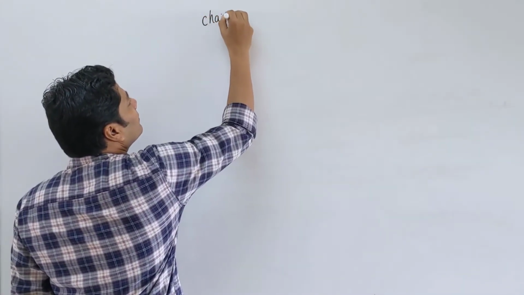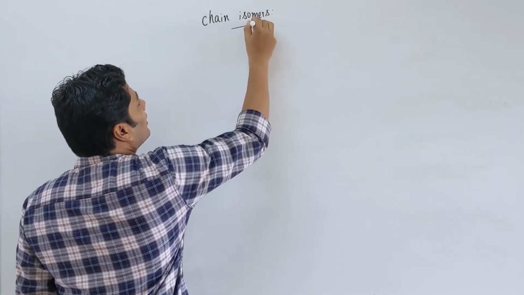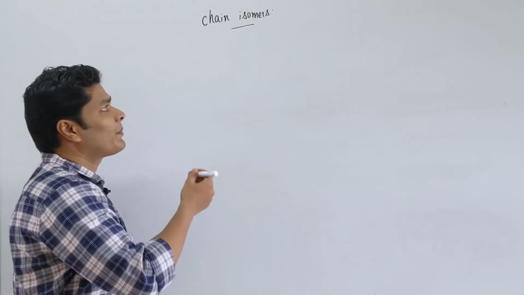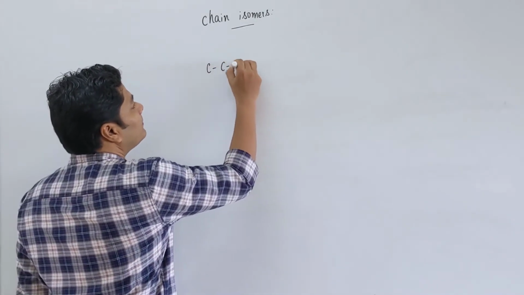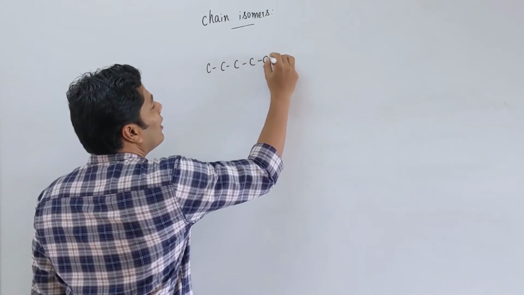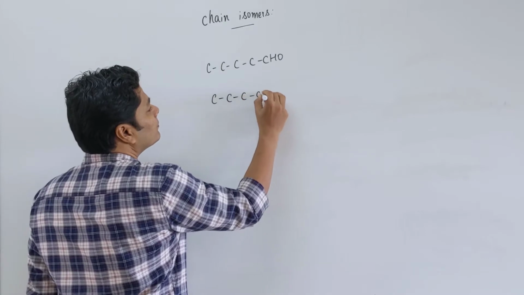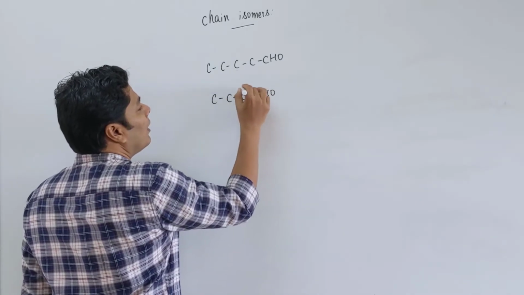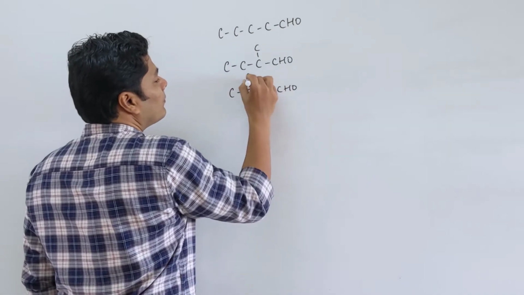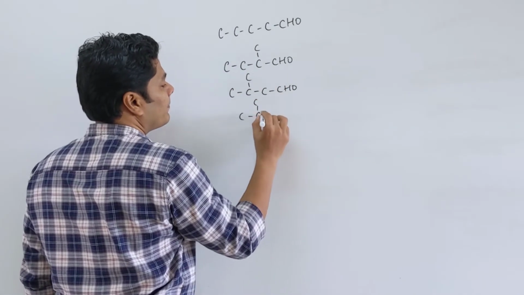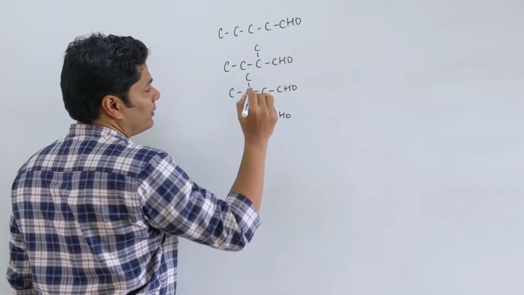First, we will look into chain isomers. As the name says, the chain itself is different. For example, we can take this versus this, this, this.